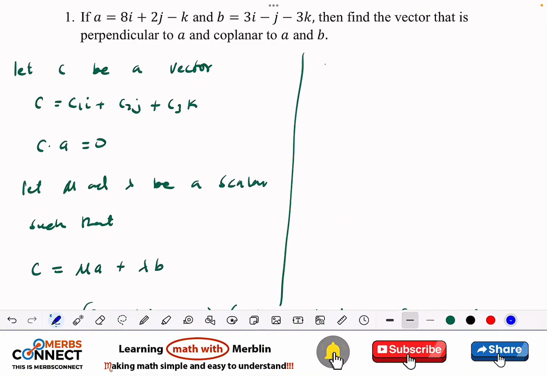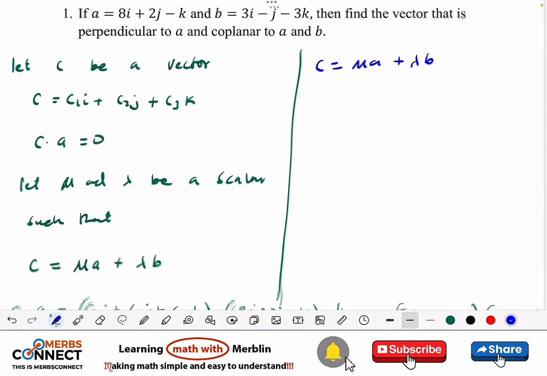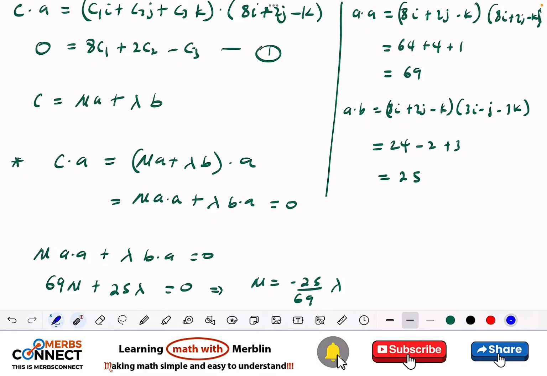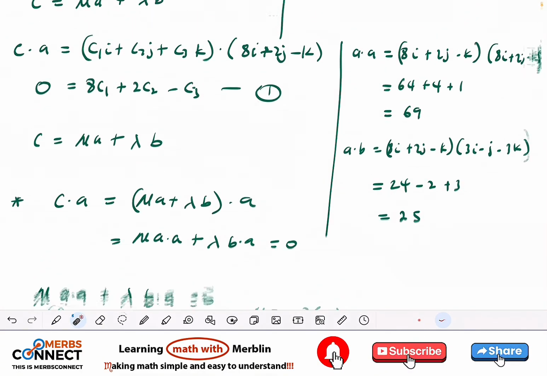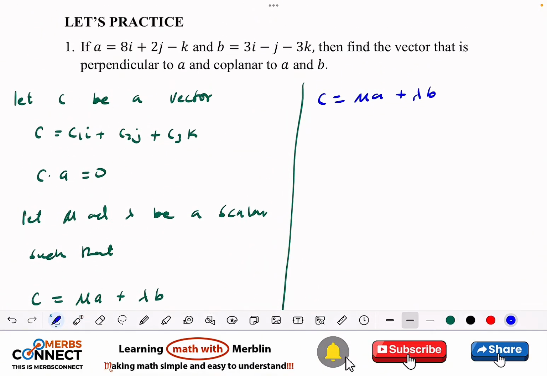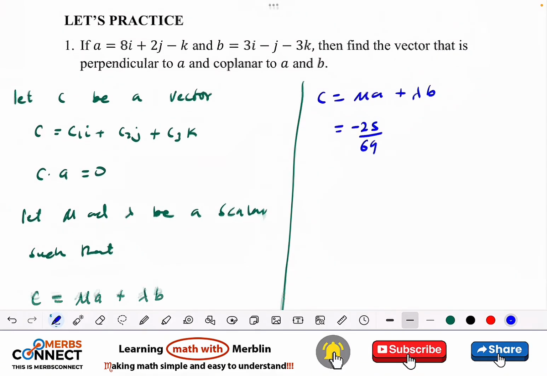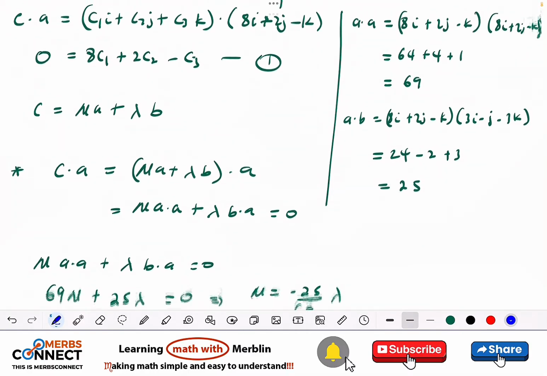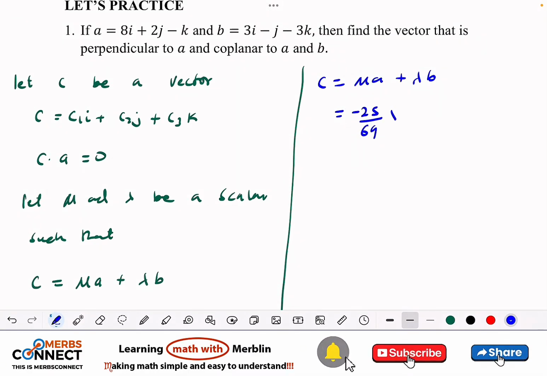We know that C is equal to mu A plus lambda B. Now we know mu is equal to minus 25 over 69 lambda. So C equals minus 25 over 69 lambda A plus lambda B. Now we can do the substitution.